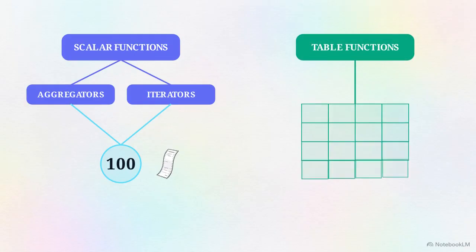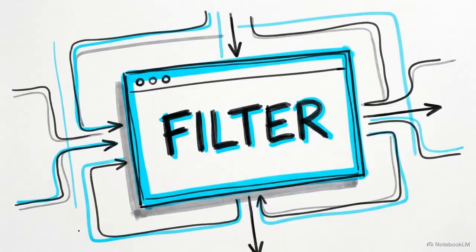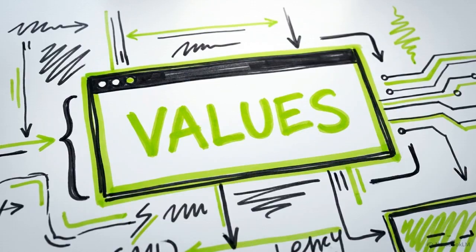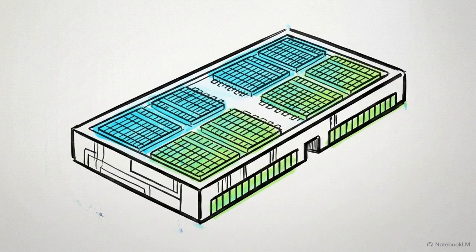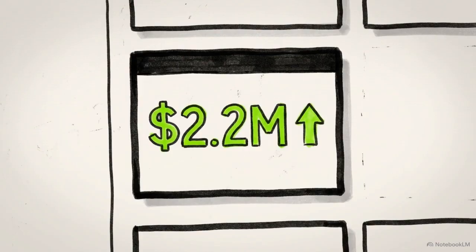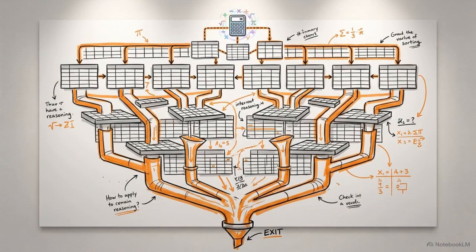Instead of returning a single number, these functions return an entire table of data. Functions like filter, the all function, and the values function scan the model and generate temporary grids of data entirely in memory. While scalar functions plot the final numeric point on a dashboard, table functions build the invisible scaffolding that isolates and shapes the data before it is ever counted.